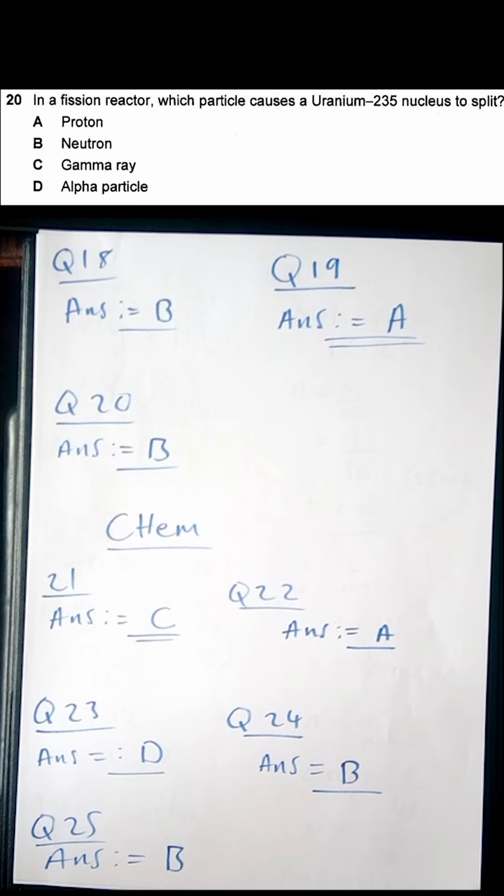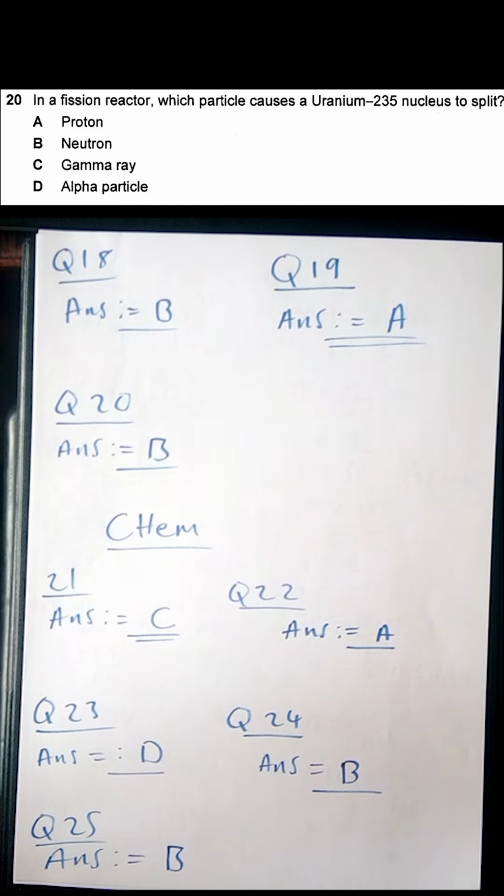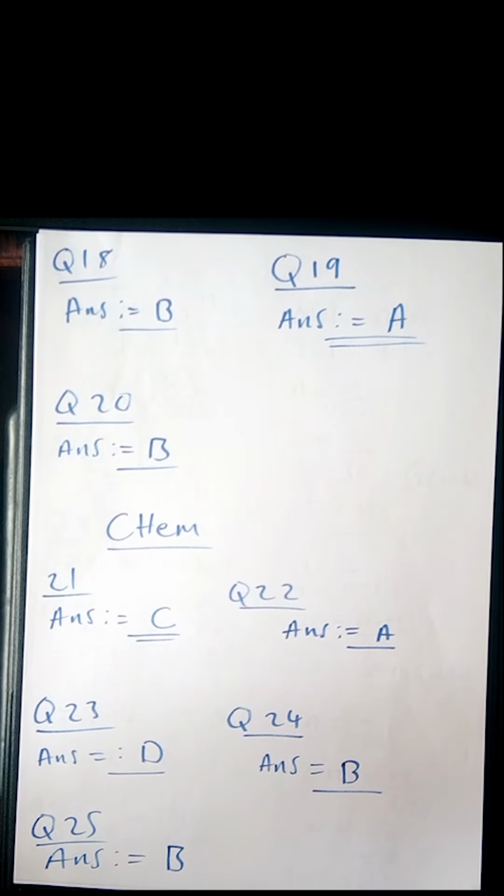Once you combine any sample given with a neutron, you are going to have a fission. So for uranium to have fission, you just combine it with a neutron. Then that's it, and the answer is found on option B. So that's it for the physics part.